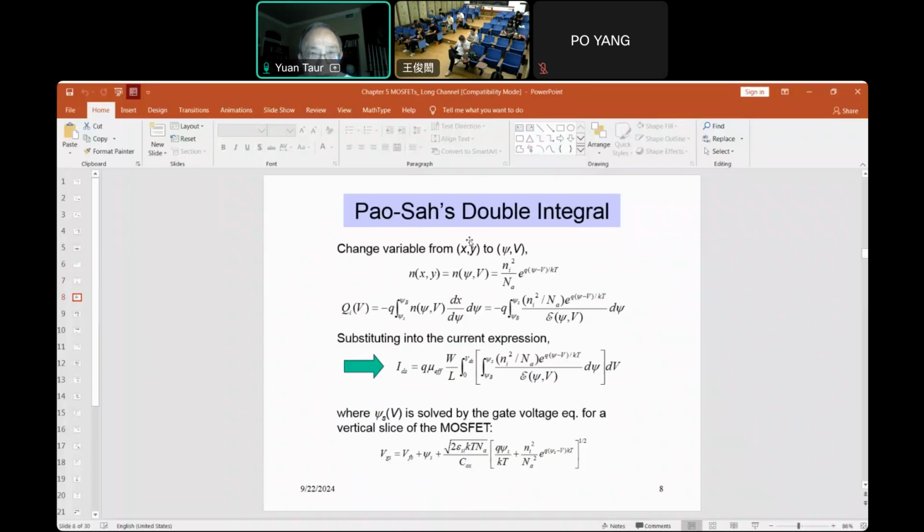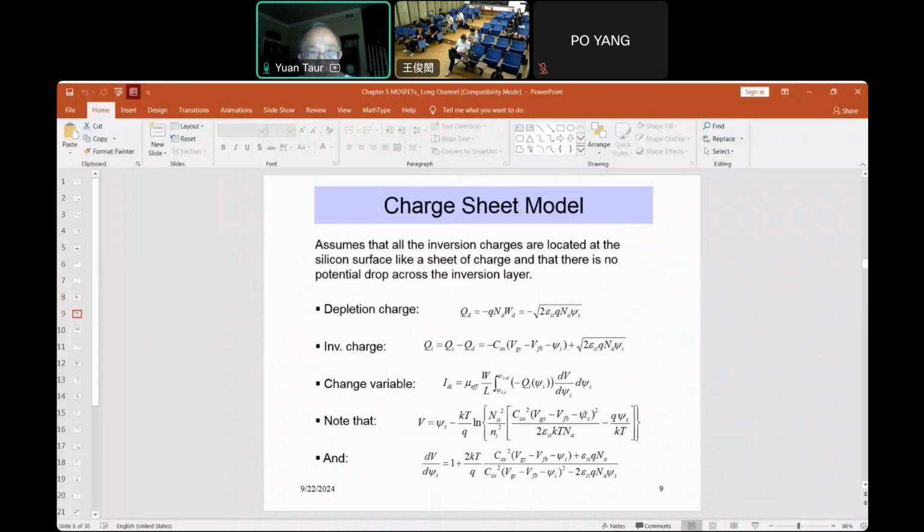So this is the so-called pulsar double integral. Now to simplify it further, because the double integral is too tedious numerically, we introduce the so-called charge sheet model, which is the next approximation beyond the gradual channel approximation.